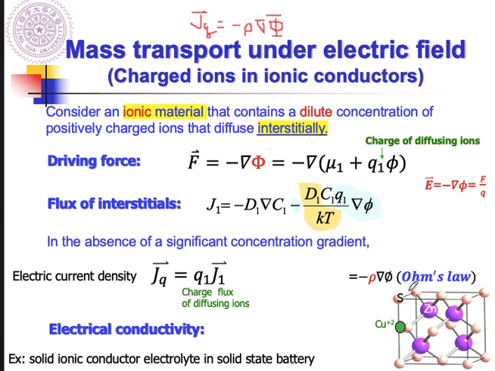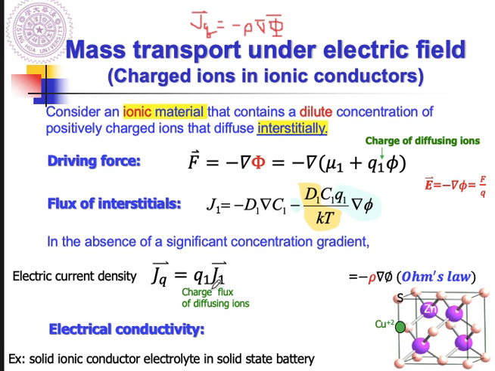But in these ionic conductors, there's some relationship between these two. Usually the conductivity in ionic material is quite low, so if you have a current density, it is definitely due to these charged ions moving through the electrical field you apply on it. So there's an additional relationship between the atomic flux and the current density.